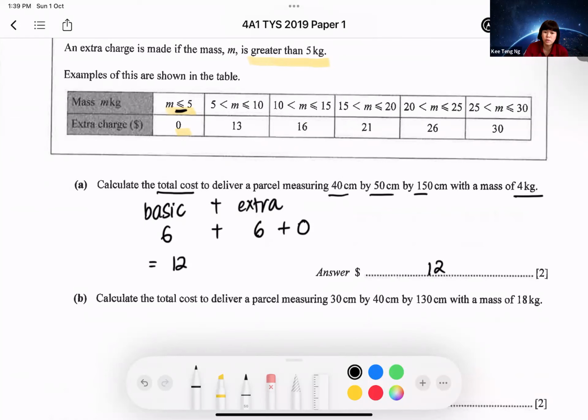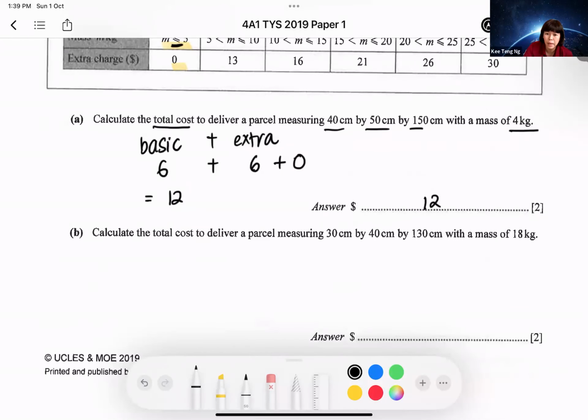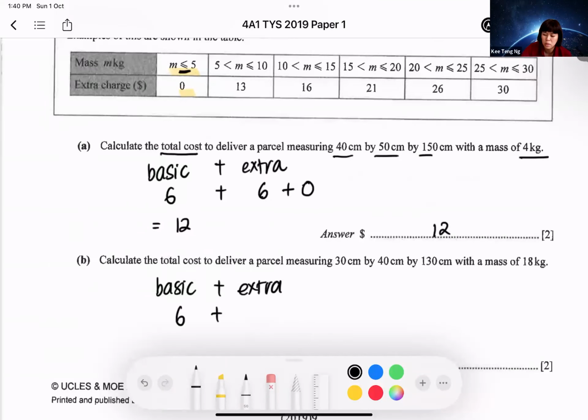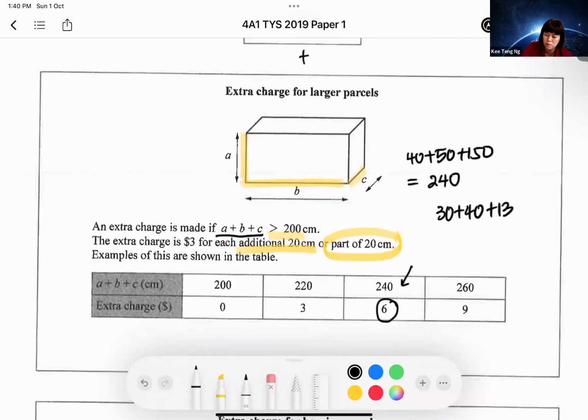Calculate the total cost to deliver a parcel measuring 30 cm by 40 cm by 130 cm. So the basic cost, basic plus the extra. The basic is $6. Now 30, 40, 130. 30 plus 40 plus 130 is 200.